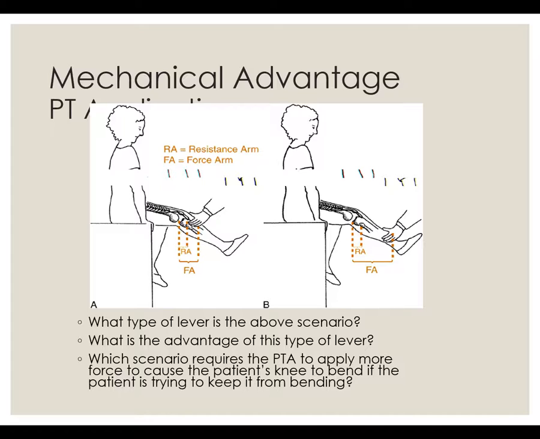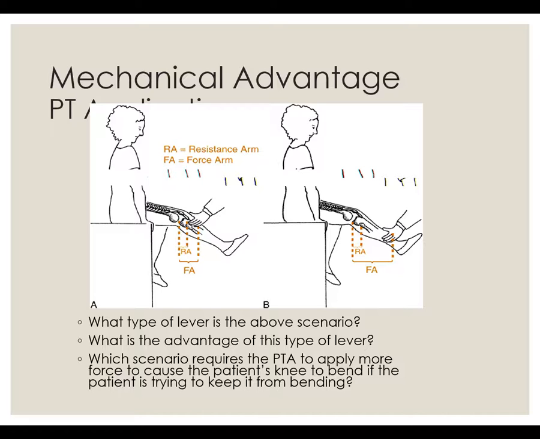So this would be the opposite of what we were talking about. If we had that patient extend their knee, try to keep it straight, and we were trying to push down on it, what's happening? So I'll give you guys just a second to look over these answers. Go ahead and pause it if you need to. Don't look at the next slide.